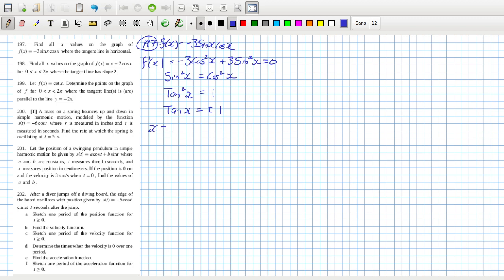So that means x equals pi over 4 or minus pi over 4, but also every multiple of 180 as well would work. So plus pi n, where n is an integer. I think that would be all the situations.